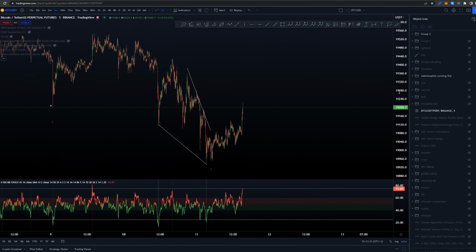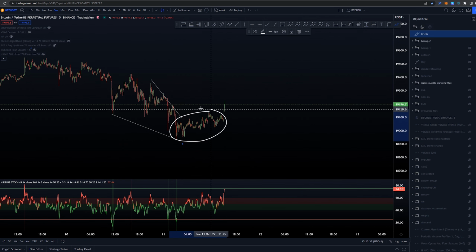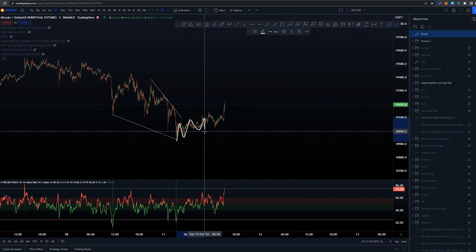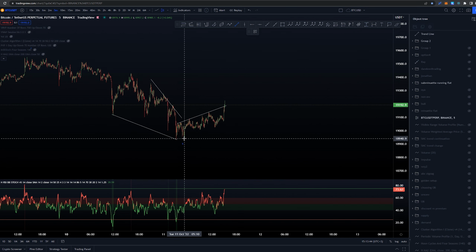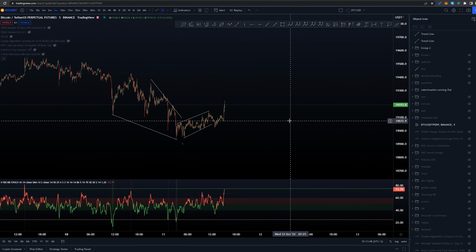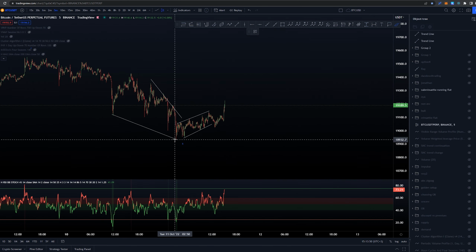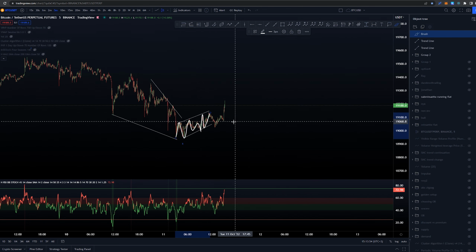Currently it just seems to be going upwards, although this structure in here just looks very overlapping, without any clear structure in mind, in my opinion. It does not really look too good. Maybe this is some kind of weird diagonal here. Maybe that's it.